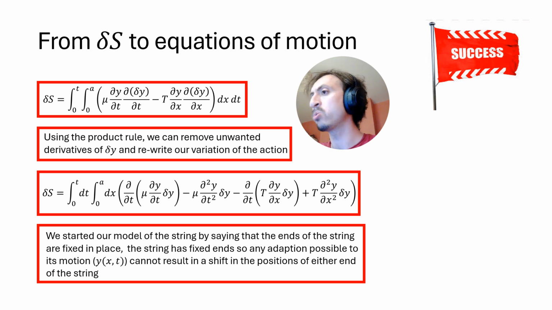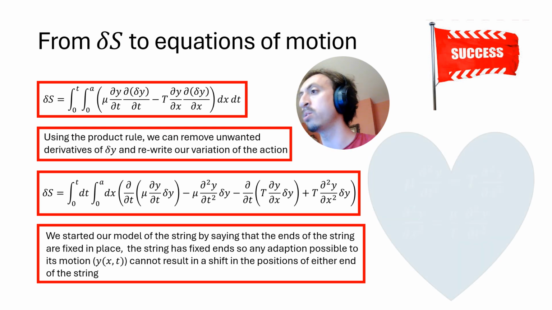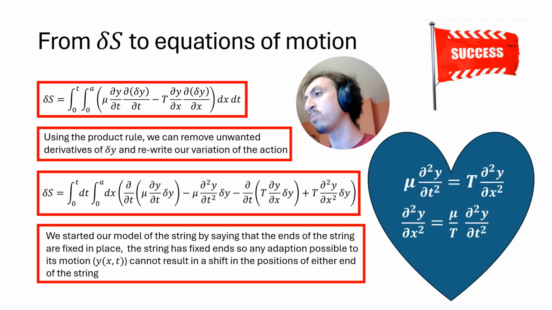And what that means is, after you've evaluated the integral in the bottom expression, terms will just vanish, at least a couple of them, and then you'll end up with a beautiful equation of motion, which, you guessed it, is a wave equation. I wrote it firstly in the way you'll probably end up getting to it at first, when trying to follow this process to get delta S equal to 0.